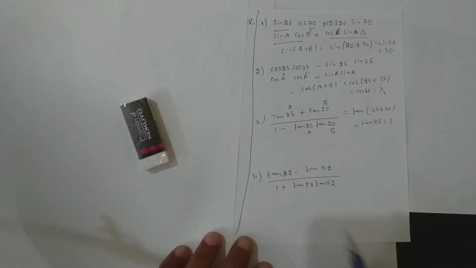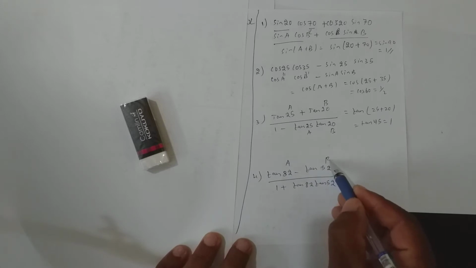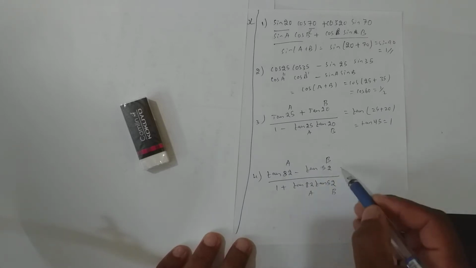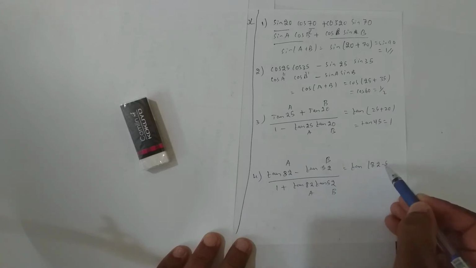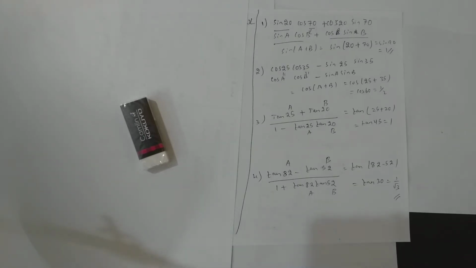Now the next one in the same way: it is of the form tan A minus tan B by 1 plus tan A tan B. It becomes tan(A minus B). So 82 minus 52, which is tan 30, which is 1 by root 3. Am I clear? All these were basic sums on those formulae.